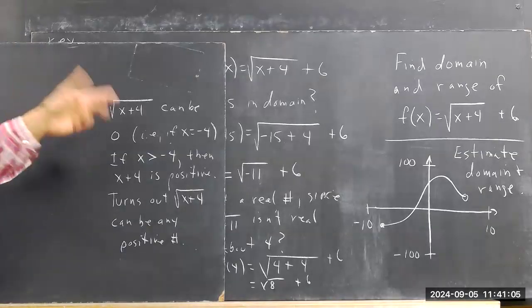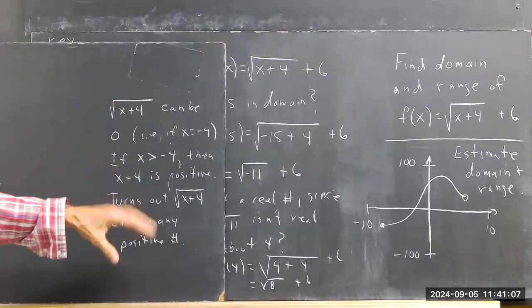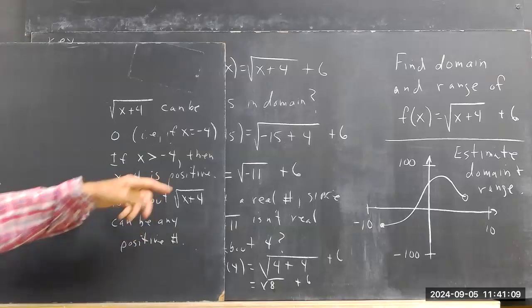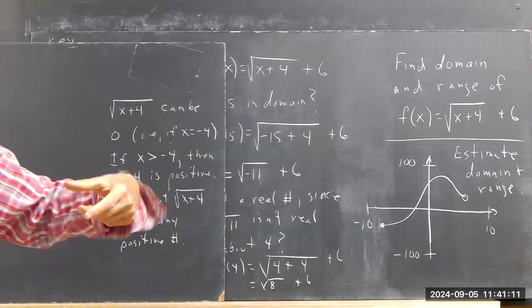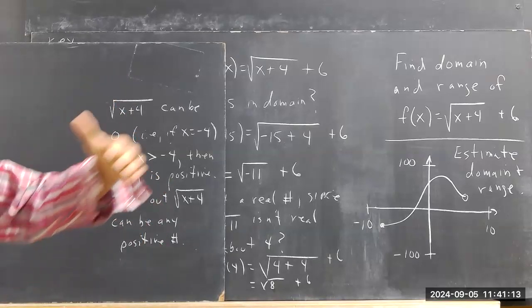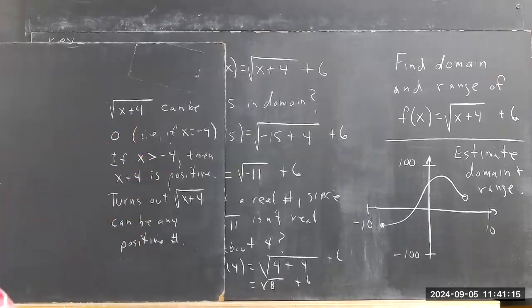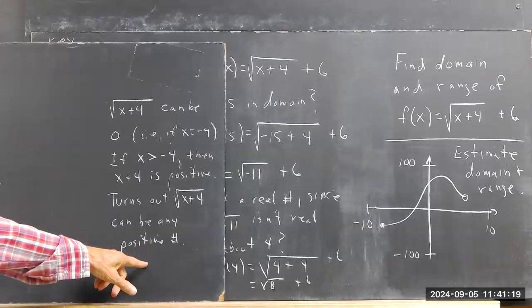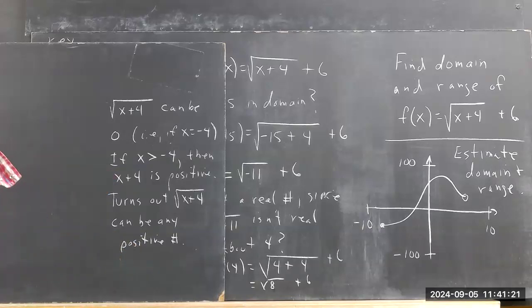So square root of x plus 4 can be 0. Make x a little bigger than -4. This will be a little bigger than 0. Keep making x bigger, this gets bigger and bigger, okay? And it could be any real number. Now, we can prove that by writing an equation, but it's probably not a good time to do that, okay?